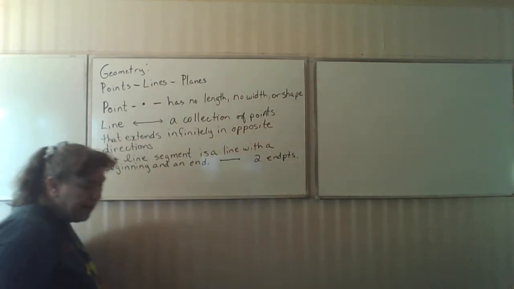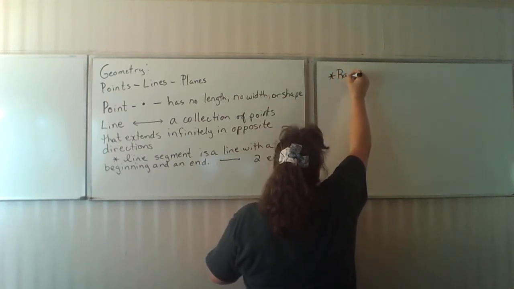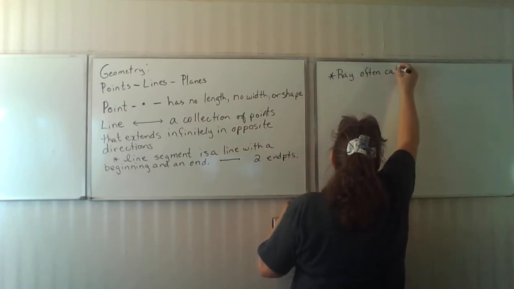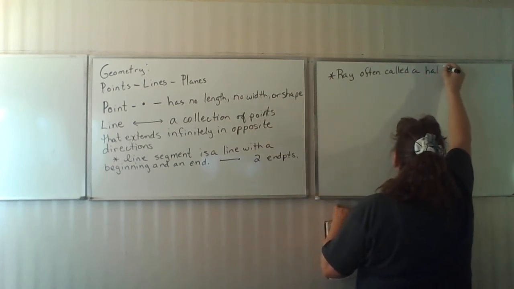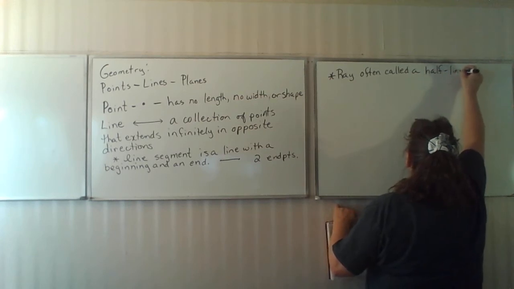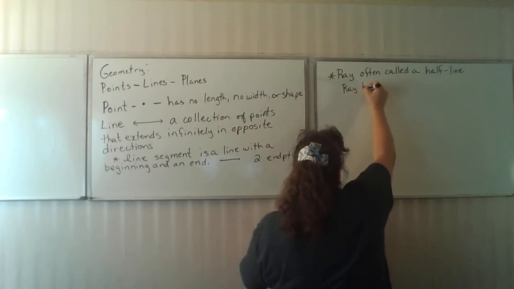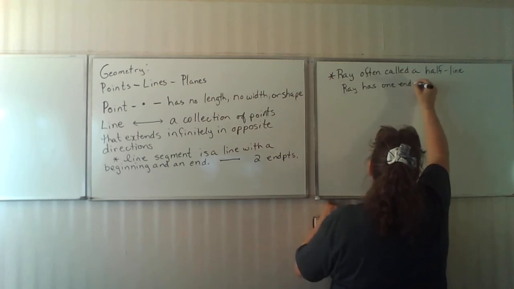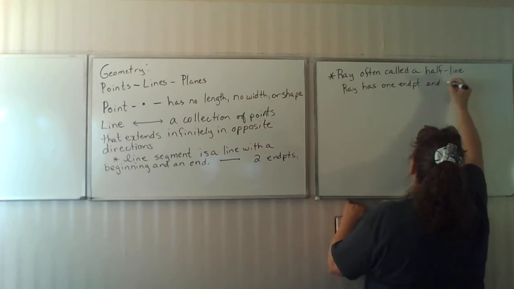Whereas on the other hand, a ray is also part of a line, and it is often called a half line. And the reason it is called a half line is because a ray has one endpoint and no ending, and goes infinitely in one direction.